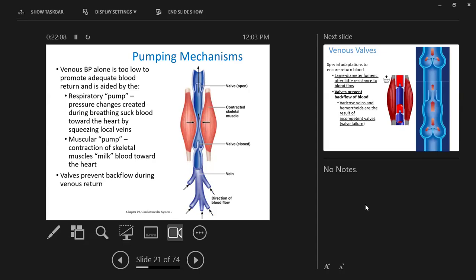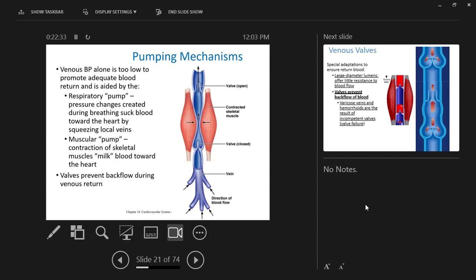Well, we can't keep contracting all the time. So built into our veins are a series of valves. As we squeeze a vein, we shoot blood up through the vein, and then we stop contracting our skeletal muscle, and the blood drops back down. Except we have valves in here.